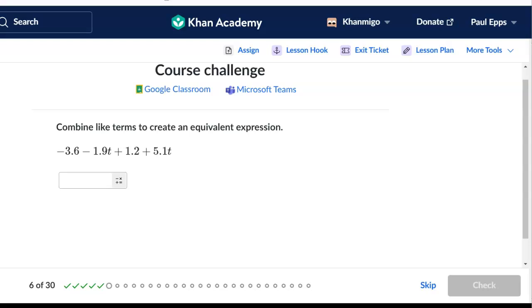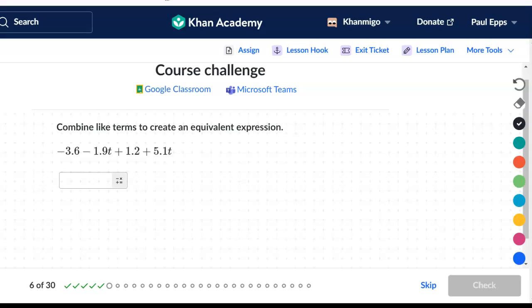Combine like terms to create an equivalent expression. Okay, well, the like terms would be negative 3.6 plus 1.2 equals negative 2.4, right?